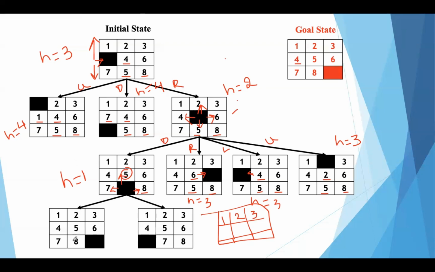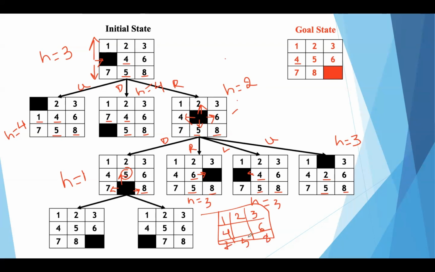So in the first case, we have moved this blank space towards right side. In the second case, we moved it towards left side. So here, in third possibility, it would be obviously upwards. So this is a blank space, and 5 is moved downwards. This is 4, 6, 7, and 8.